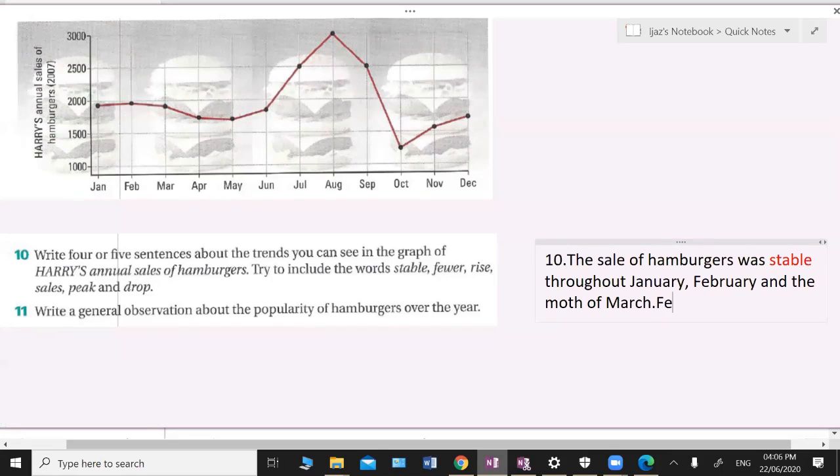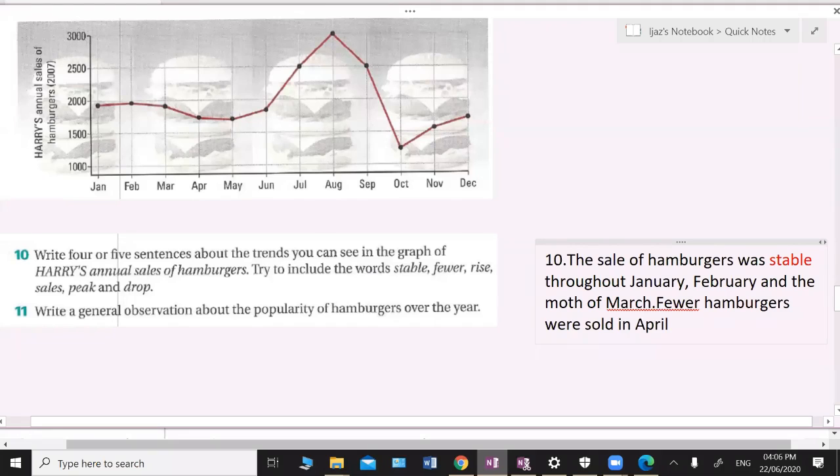We can say fewer hamburgers were sold. Fewer hamburgers were sold in April, and then in March.